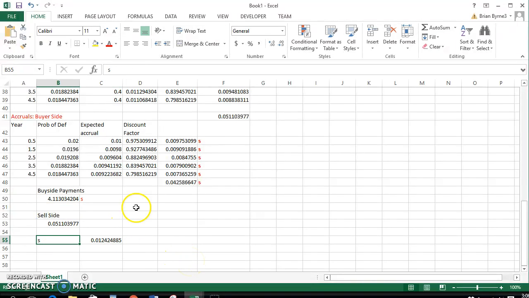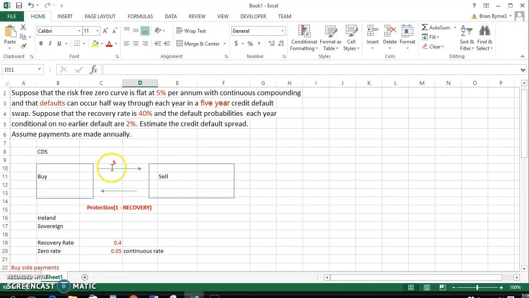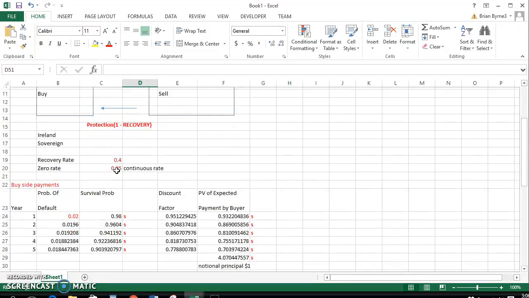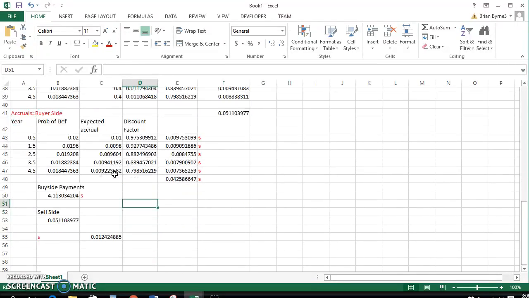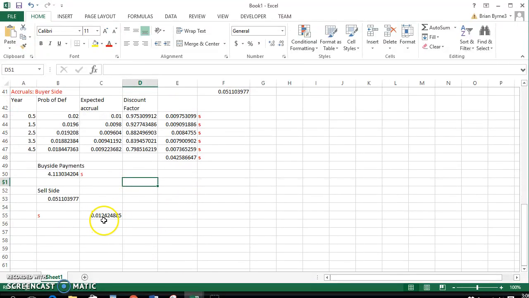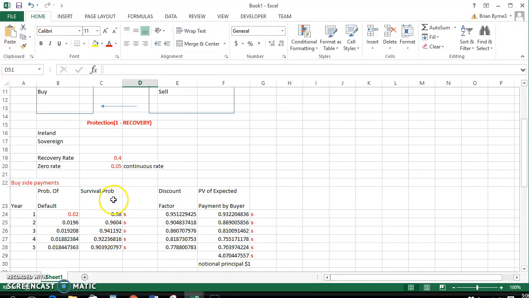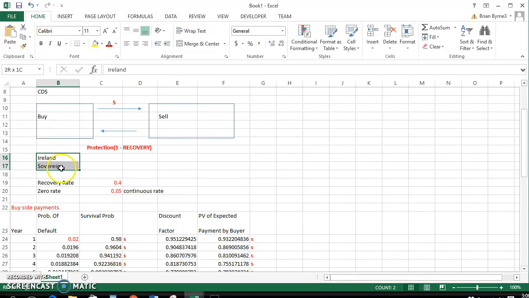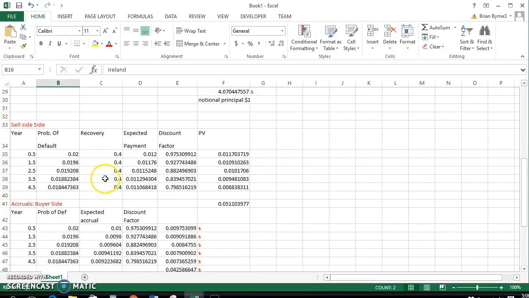Okay, so the value of S is equal to 0.0124. In other words, the spread on the credit default swap should be equal to 1.24% of the value of the reference asset, right? The reference asset being what the protection is based on.